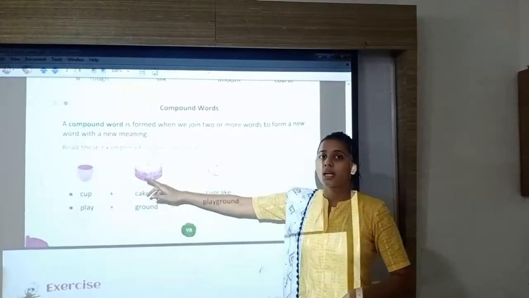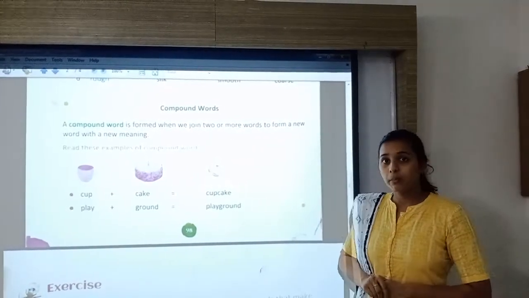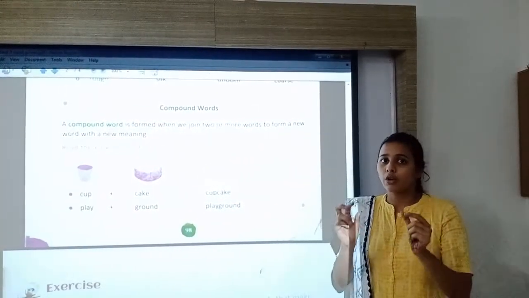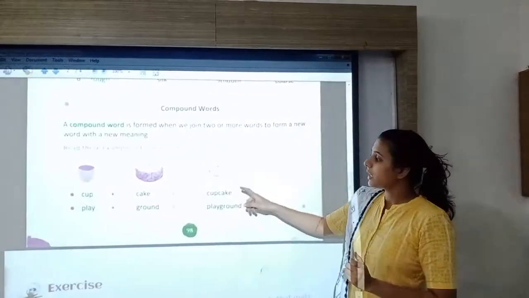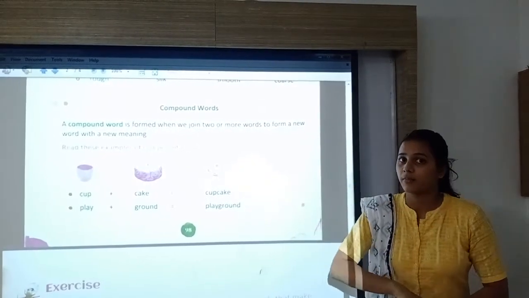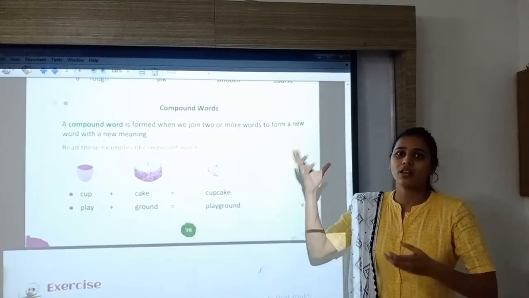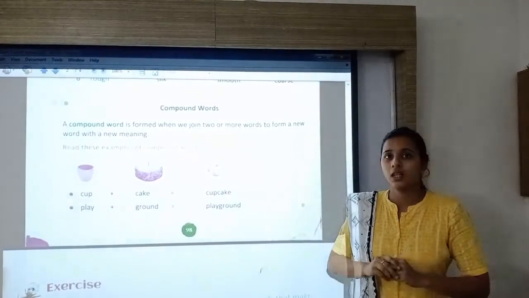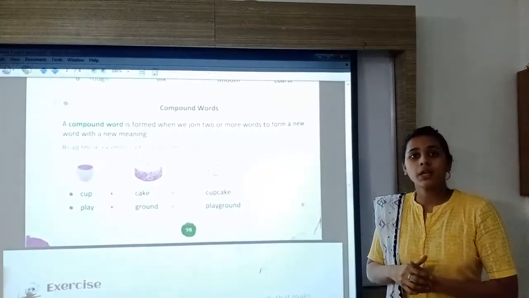So cup is different, cake is different, but if we join these two different words, what will it make? Cupcake. So here you can see a different thing. It is not the same. We haven't put a cake on the cup, but it is a different thing which has a different meaning.